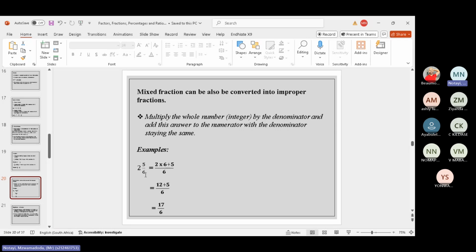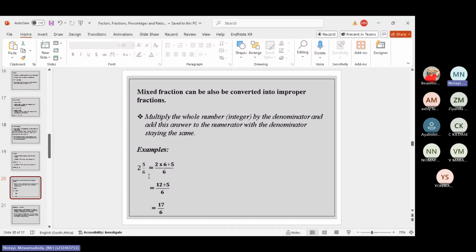So the rule says multiply the whole number by the denominator, that is 2 multiplied by 6, and add this answer to the numerator. So 2 times 6 plus 5, which is our numerator, with the denominator staying the same. So 6 will stay as the denominator.